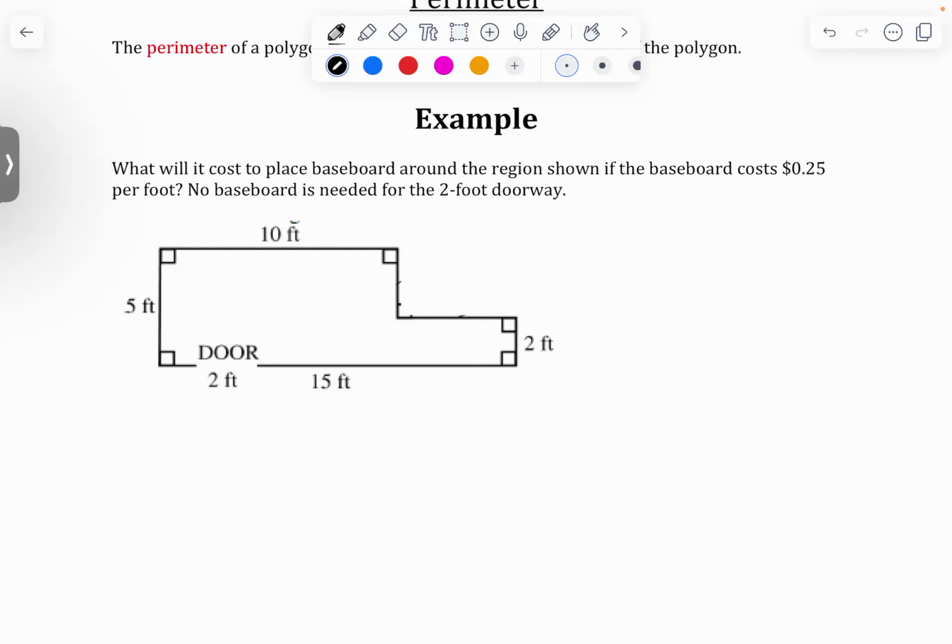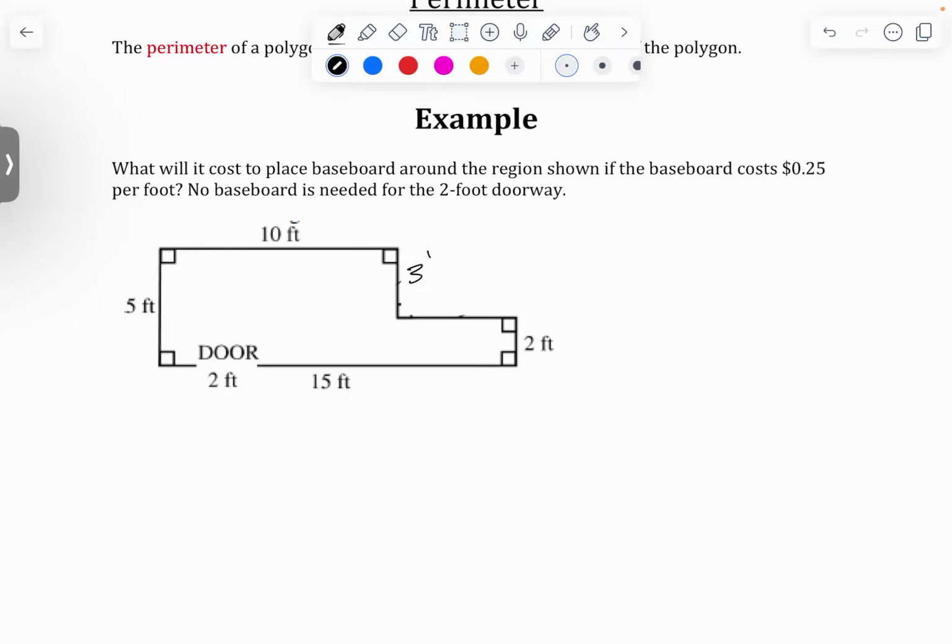So I have, let's see, 5, 10. I'm missing a side right here, but if the side on the other side is 5 and that one's 2, that makes that one 3 feet. The distance all the way across is 15 feet. If that's 10 feet, that makes this one 5 feet. So a couple ways to do it. I can clearly see that it's 15 plus 15 plus 5 plus 5 minus 2.